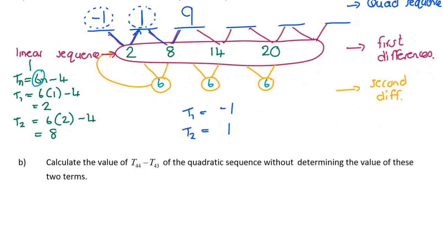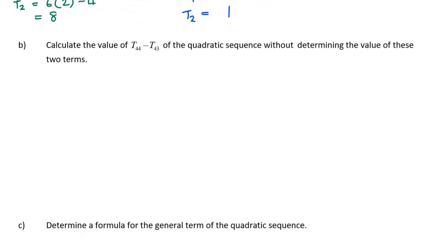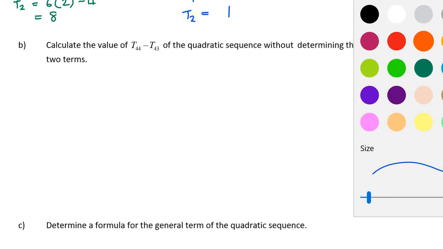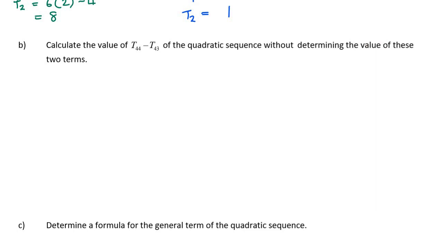Right, so how do we use this concept even further? This question now says calculate the value of term number 44 minus term number 43 of the quadratic sequence. So I have terms in my quadratic sequence and then they carry on, and somewhere down the line I have term number 44 and term number 43, and I want to find out what's that difference.